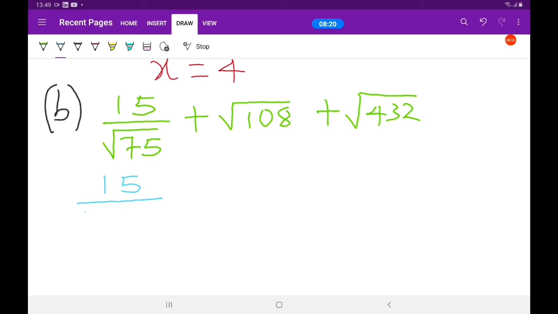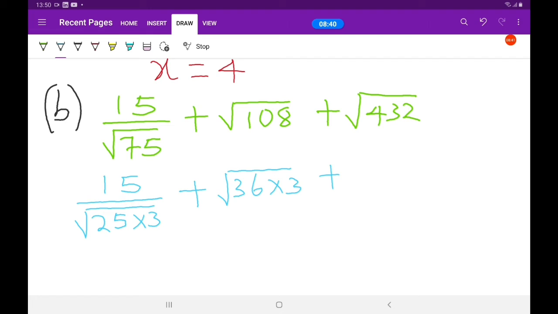So we are going to be having a perfect square, 25, times 3. Can you see that? So that will give us 75. What are the two numbers we are going to use for 108? Very good. That will be 36 times 3.